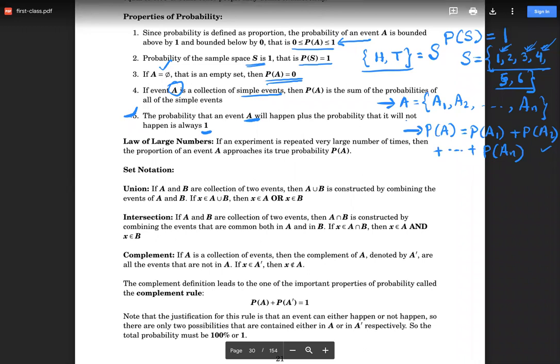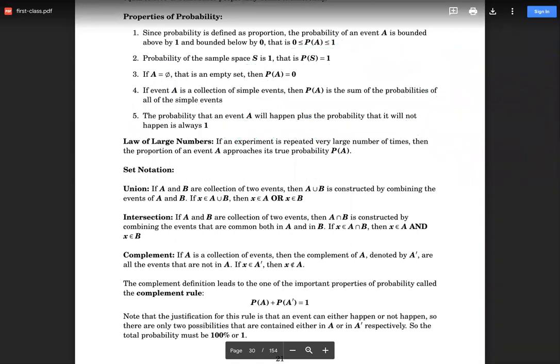So it's a binary outcome, black and white, clear. If event A is an event, its complement is denoted by A prime. We say the probability of event A plus the probability of event A prime is always 1.